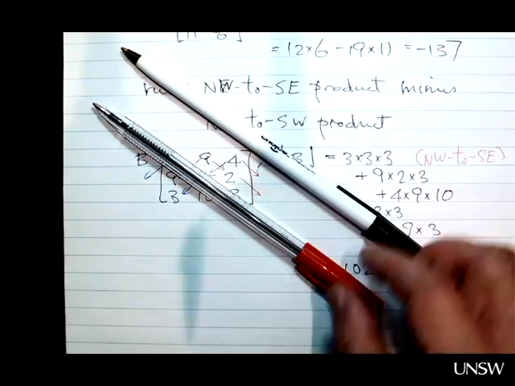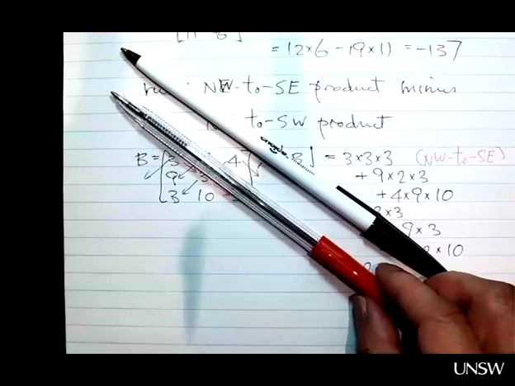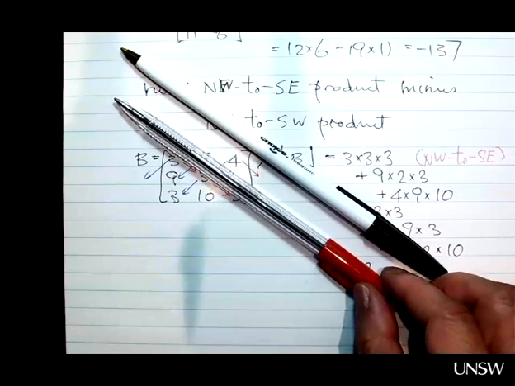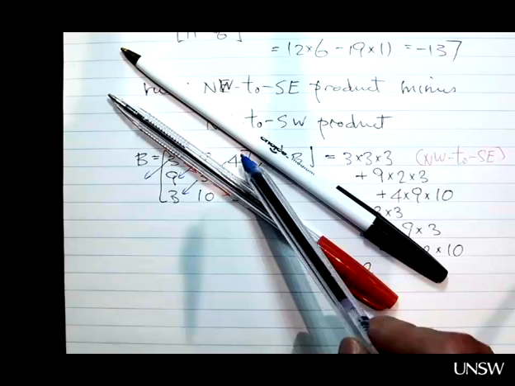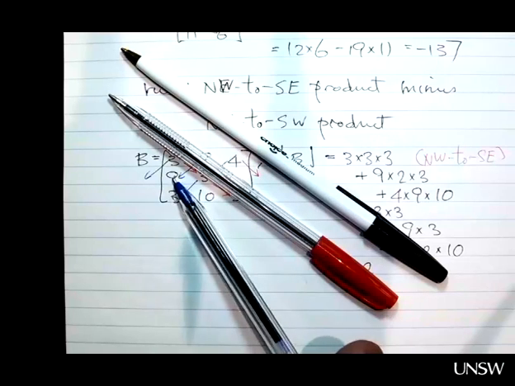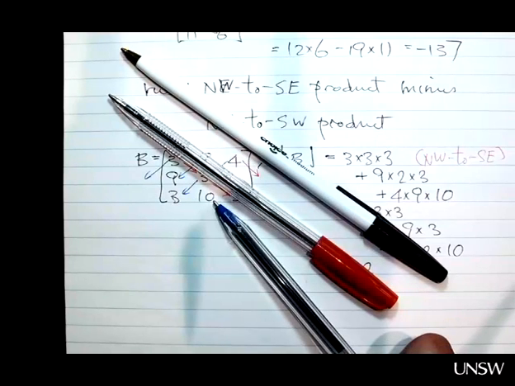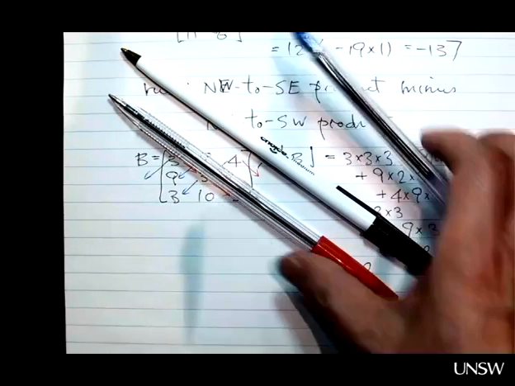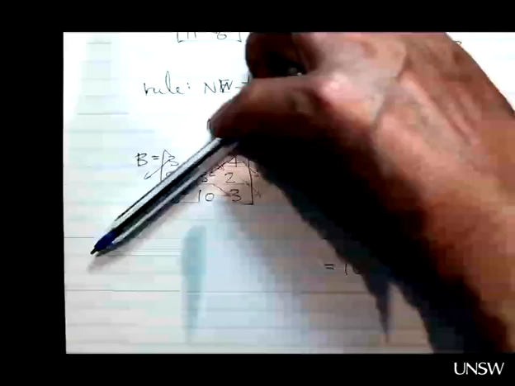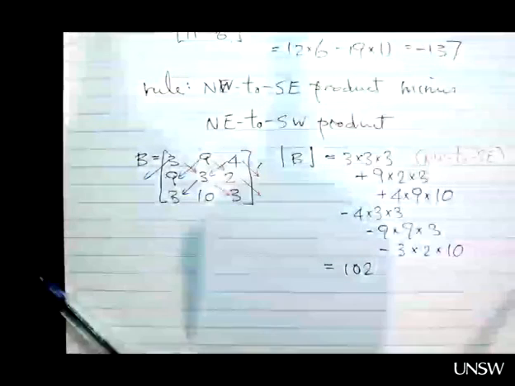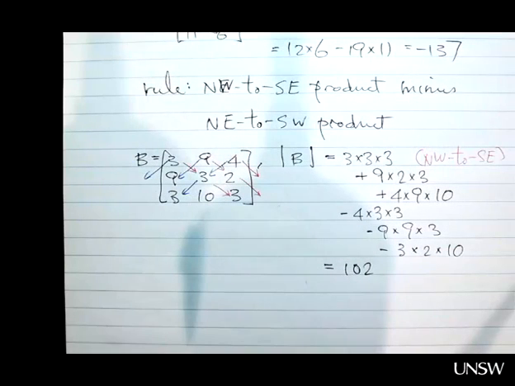Then we have the 4. So 4 is here. The next one is the 9 in the next row, and then the 10 here. Okay. And then for the subtraction, we just do it in the other direction. Okay. Good.